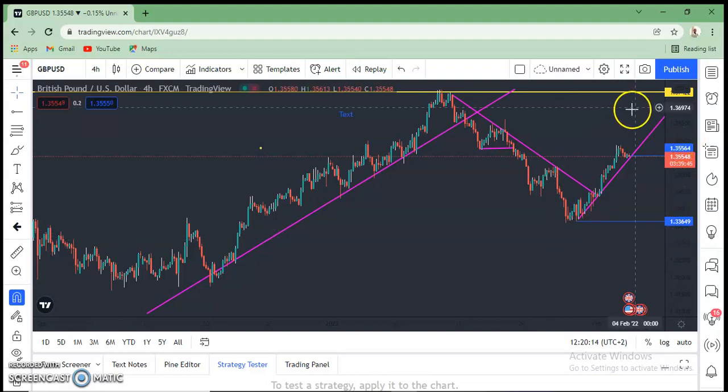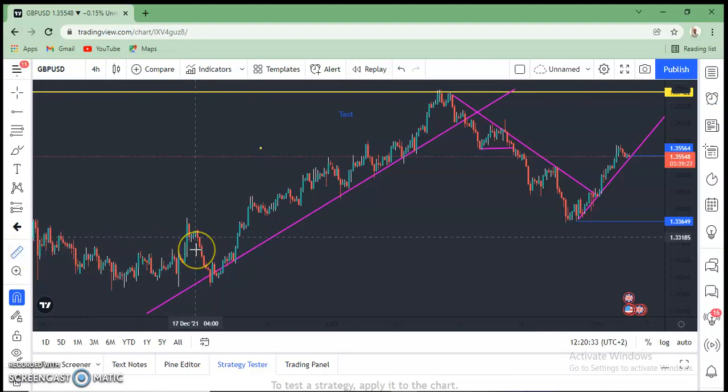The market was going up. When you calculate that, this is what we use here. When you click this, it will give you a measure. We use this one as a ruler to measure those pips.